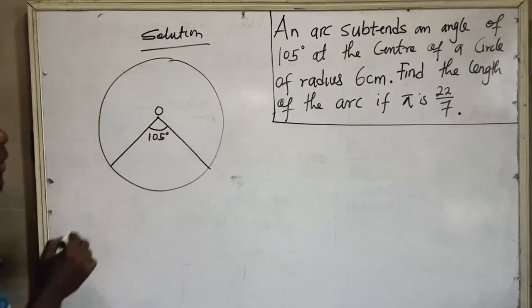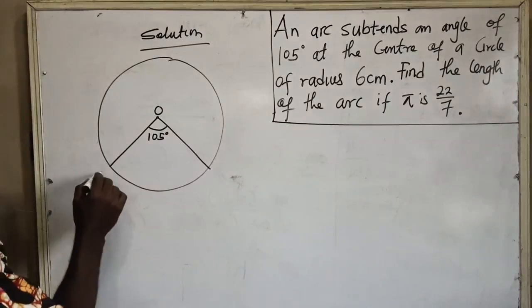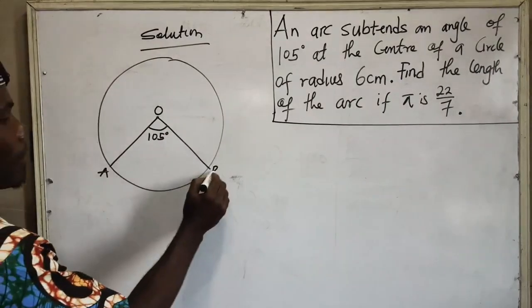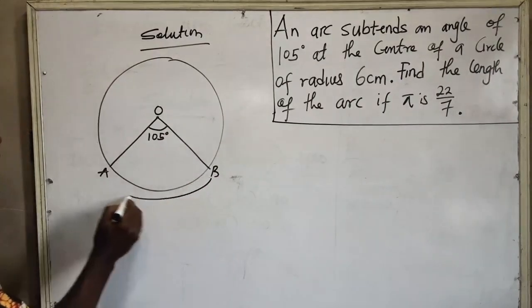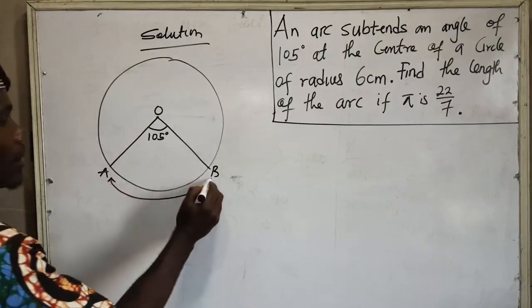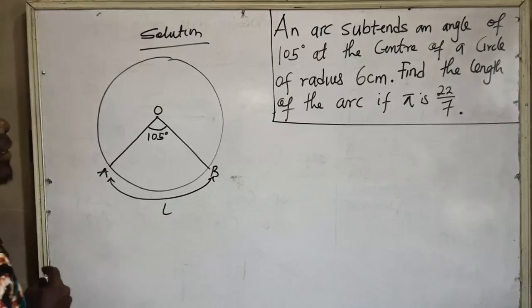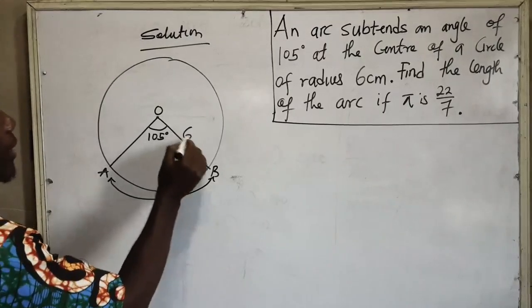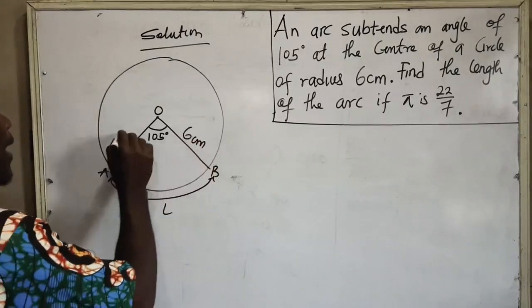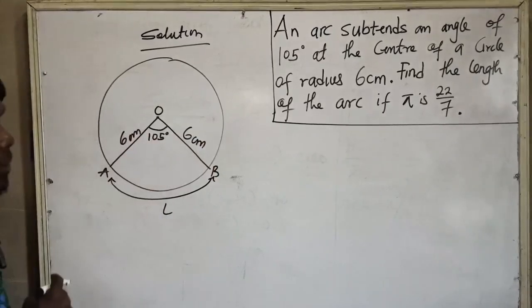This is the center, O. Let's label it A, B. This is the length that I want to calculate, the length of the arc. We have been given the radius, 6 centimeters.